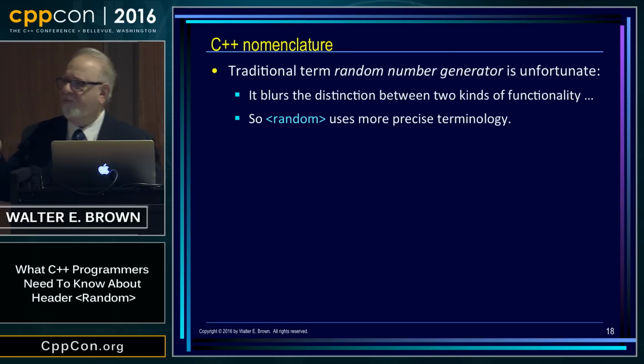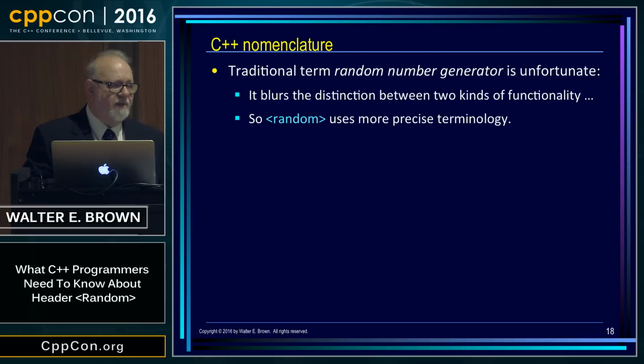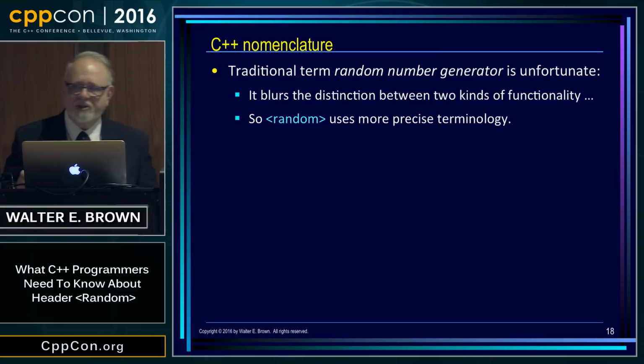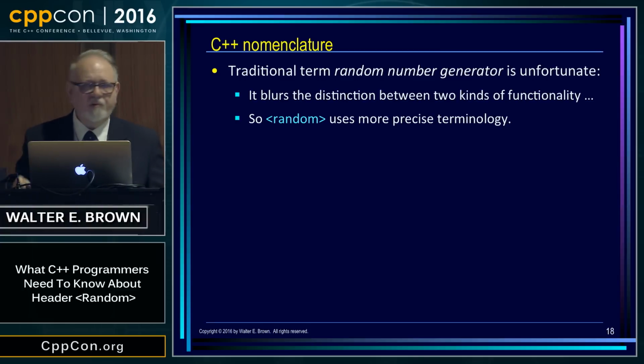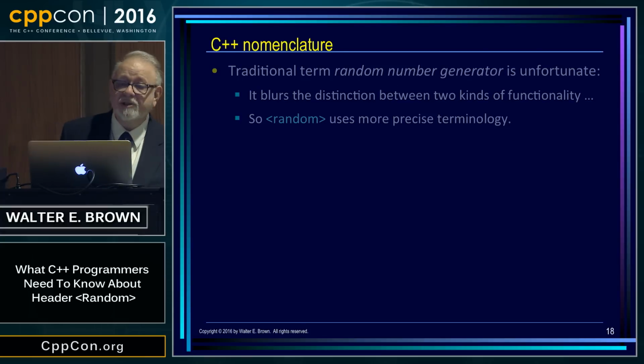It had a keyboard, it had a monitor, but they were all under one dust cover. We just said it's a terminal. But you got 2 very different pieces of equipment there under one cover. Same idea here. If you talk about random number generation, there are 2 algorithms. And we need to talk about them separately, so we use nomenclature that's a little bit more precise. And if you're going to work with this, this is what you should know best.